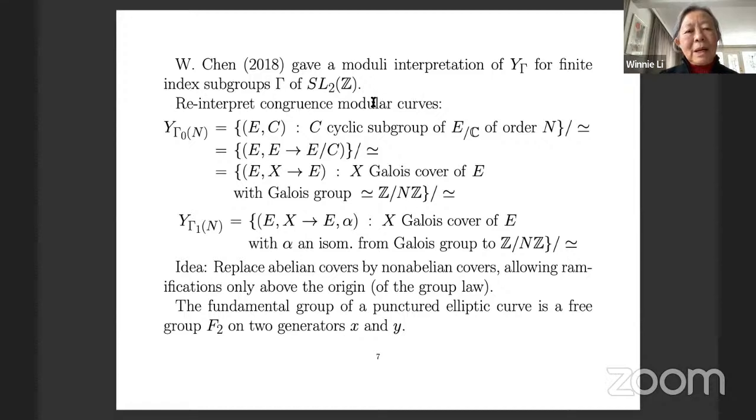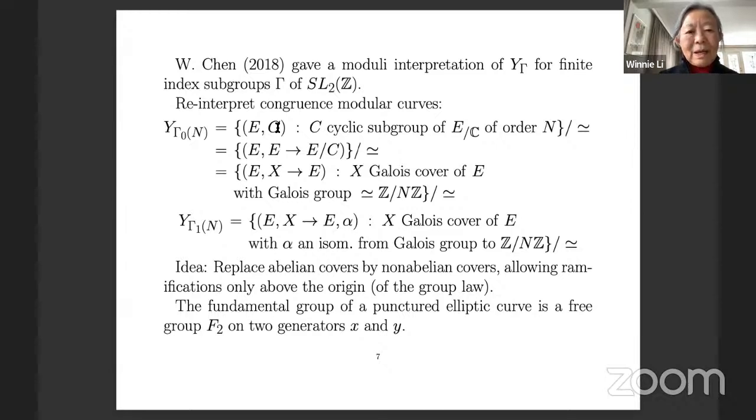So he first reinterprets the modular structure, say for the curves, for the group gamma naught of n. We know that it parameterizes the isomorphism classes of elliptic curves together with the cyclic subgroup of order n. We call that group C.